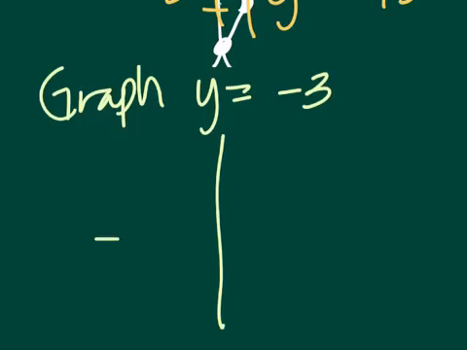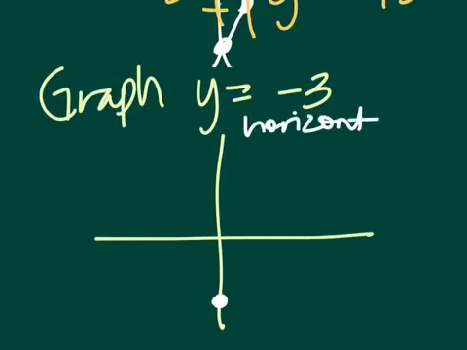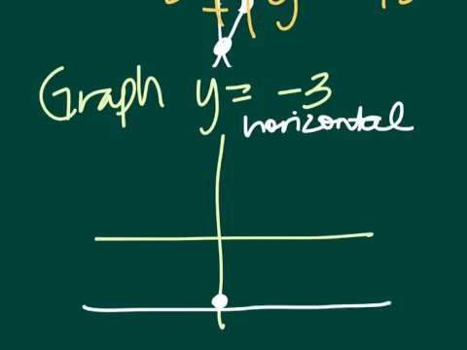So on your graph, since that's going to be a y amount, it's going to be on the y-axis. You're going to go down to -3, and remember that y equals are horizontal lines, and no matter what your x value is all the way across here, your y value is always going to be -3. So it's a nice horizontal line. Hopefully yours will go through the dot better than mine.